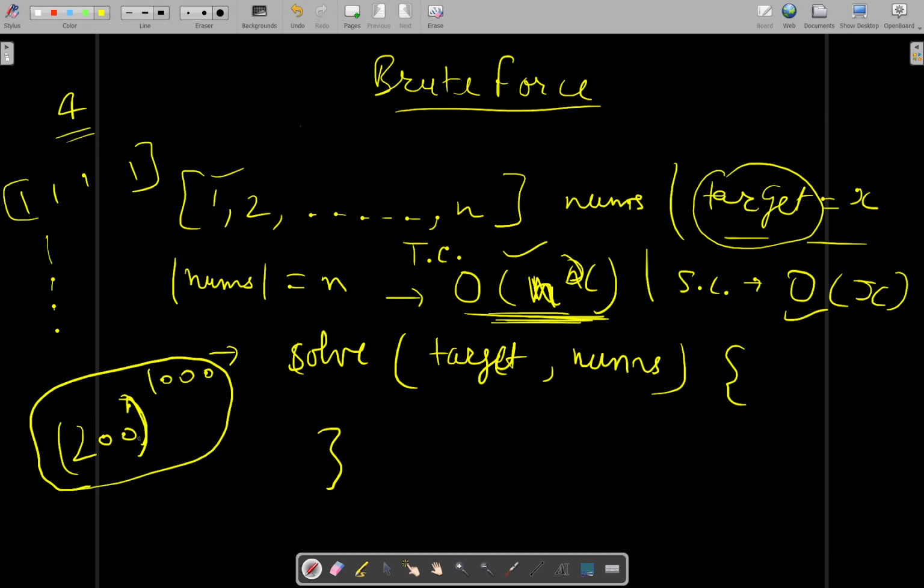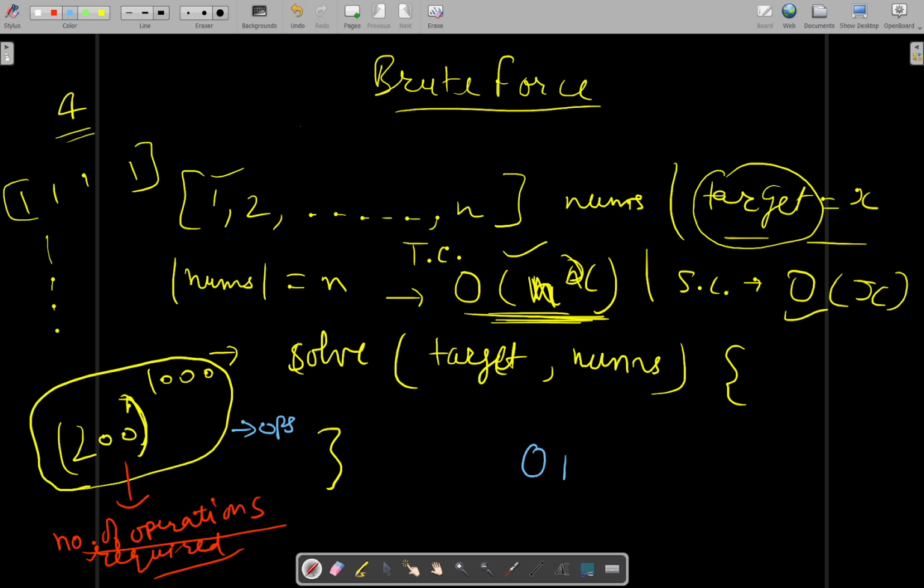The upper bound of the number of operations required to solve it in a recursive way using this brute force approach, let's call them ops, will be very much greater than the 10 raised to power 8 operations allowed in 1 second.